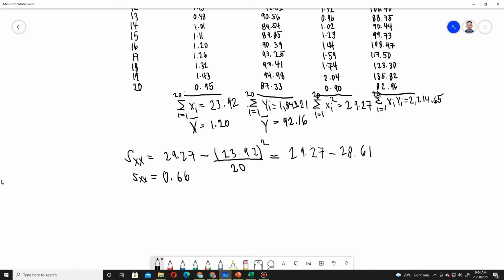Next, we will solve for s sub xy. We plug in the values to the formula.